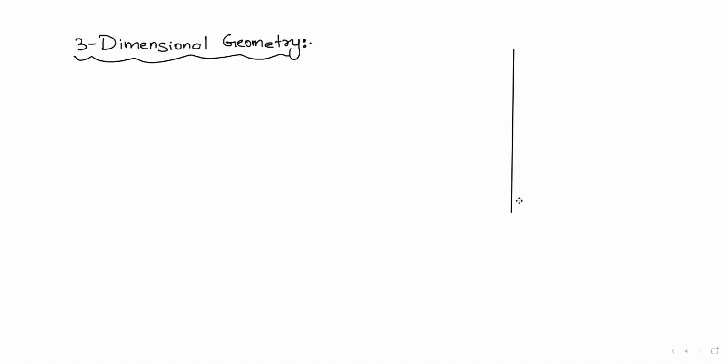Next is three-dimensional geometry. Last year also you have done some portion of 3D, so I hope you remember those. Please check here. So we have X, Y, and Z axis.